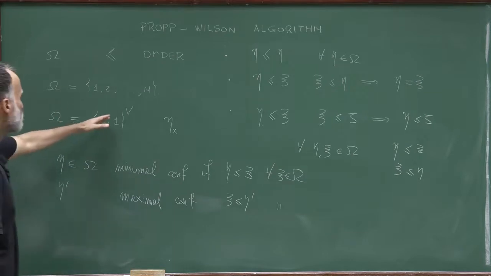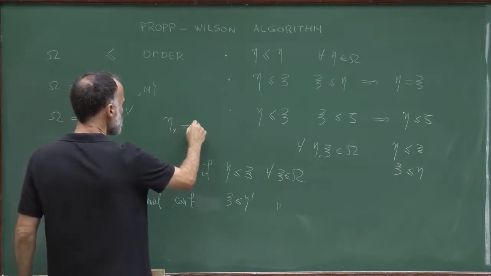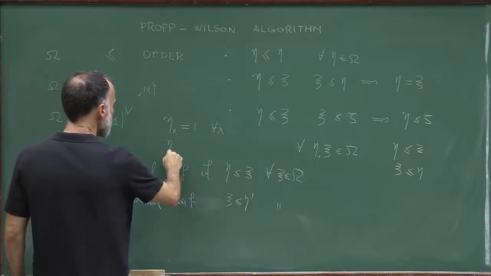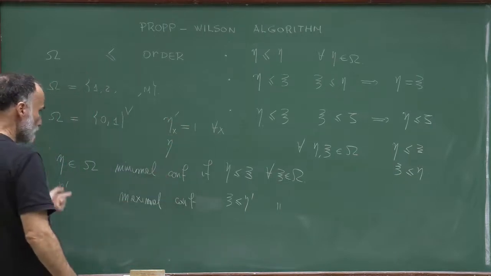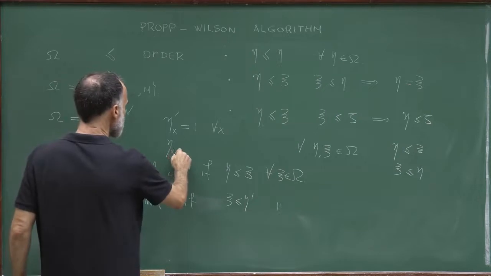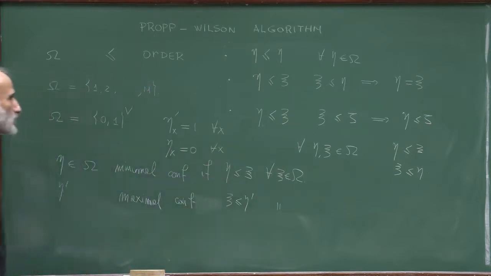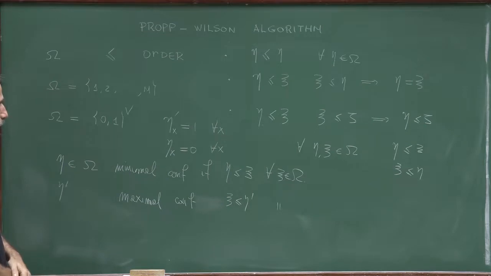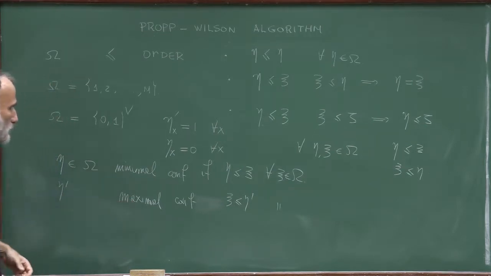And in our example, 0, 1 to the power V, of course, the configuration eta prime such that eta prime x is equal to 1 for all x is a maximal configuration. And the configuration eta such that eta x is equal to 0 for all x is a minimal configuration in this set. So even if the set is not totally ordered, we may have a minimal and a maximal configuration in that set.